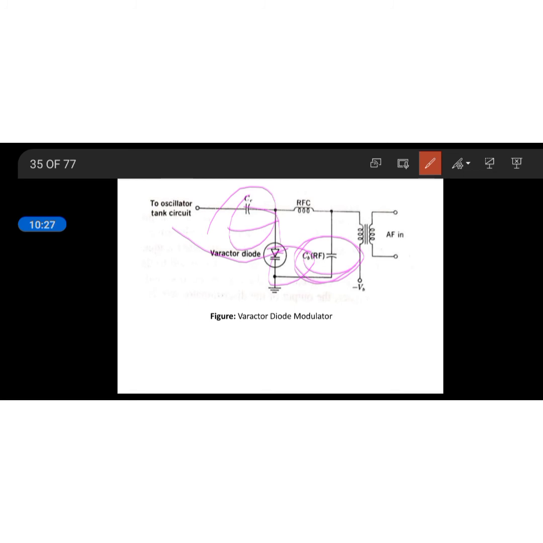The DC bias voltage of the varactor diode is regulated so that the oscillator frequency is not affected by supply fluctuation.